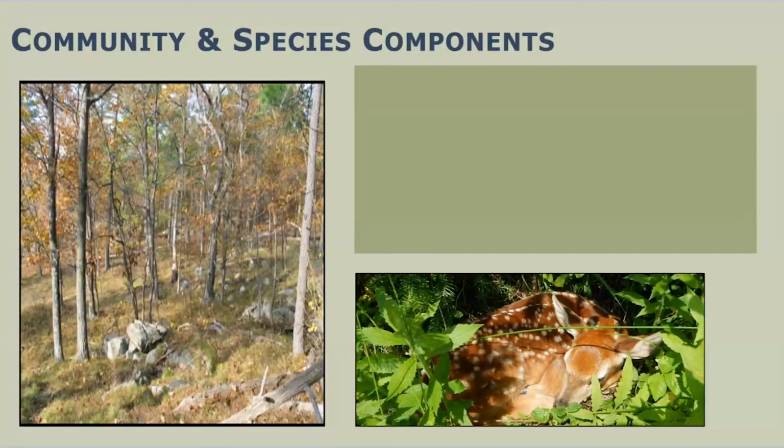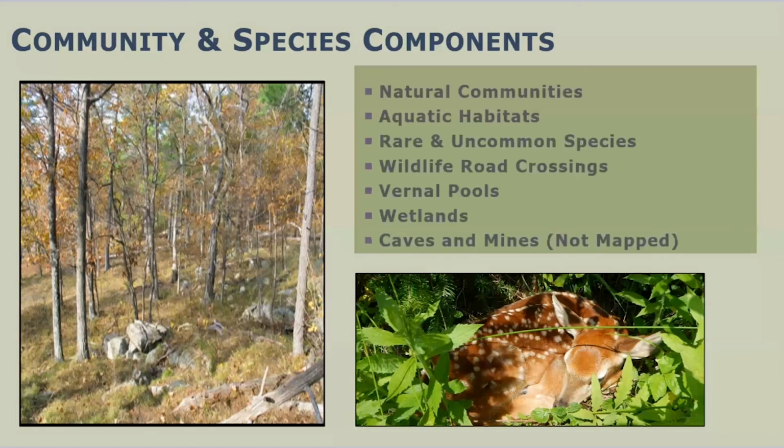So those are the landscape components, and then you'll also see a variety of community and species components. Again, these are conservation layers zoomed in at a more local scale. And there are data layers that encompass natural communities, aquatic habitats, rare and uncommon species, and all of these other ones that I've listed here.